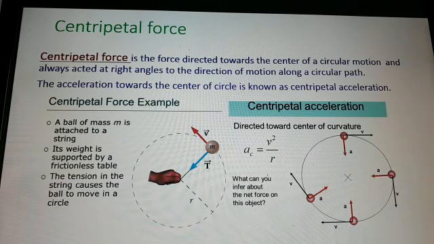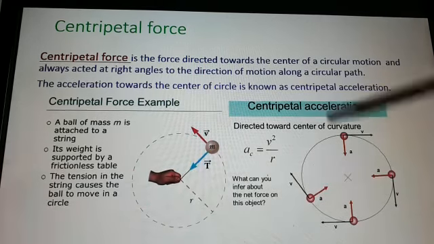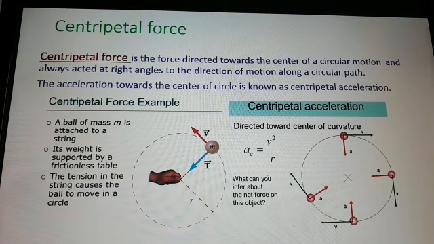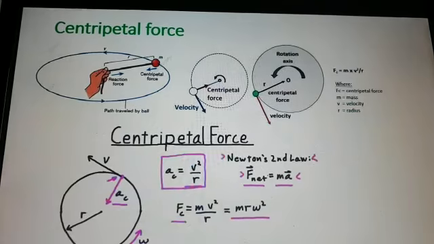I think you understand the definition of centripetal force and centripetal acceleration. Here centripetal acceleration a is equal to v squared by r. That is the equation. Remember all these equations. In the next video we should do some examples, solving problems.